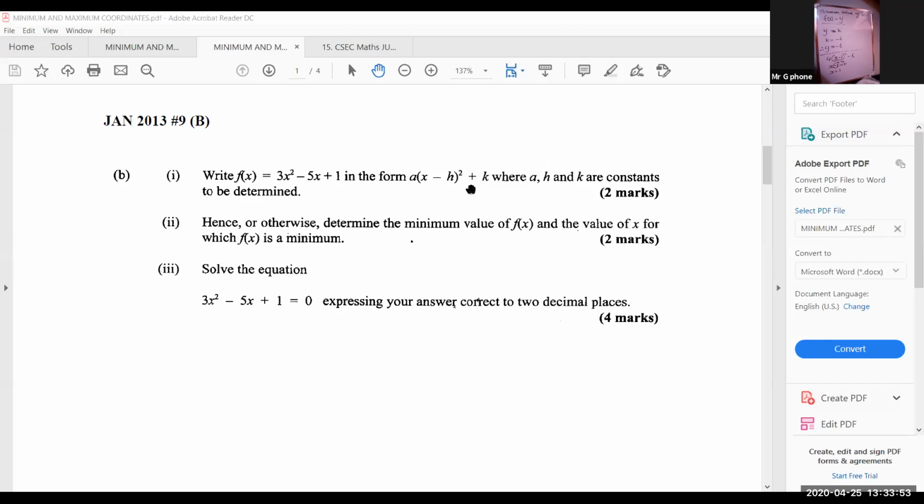I only want you all to do part 1 and part 2 because part 3, although it is part of the question, is a different topic, and I taught you all that topic already. Let's just quickly review what part 3 is asking us. As you all can see, it's a quadratic equation, and it's asking us to write our answer correct to 2 decimal places. Now remember, I showed you all several ways to solve a quadratic equation.